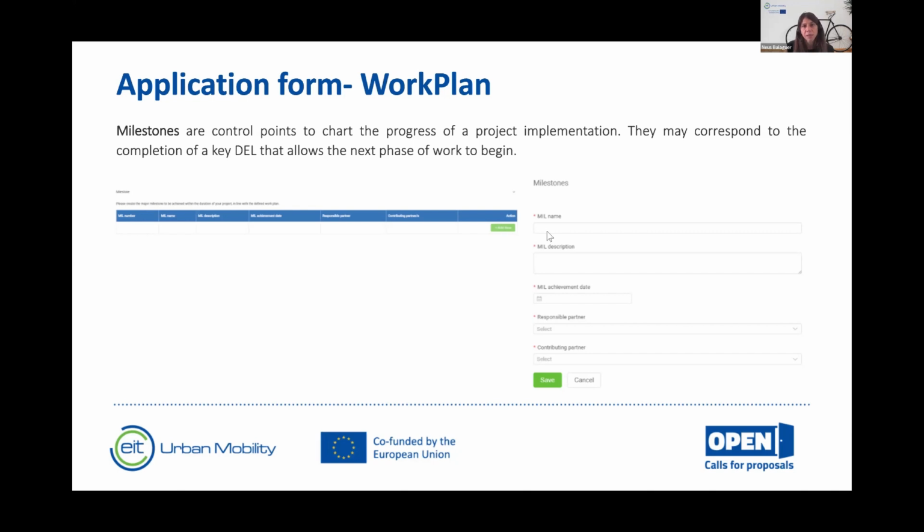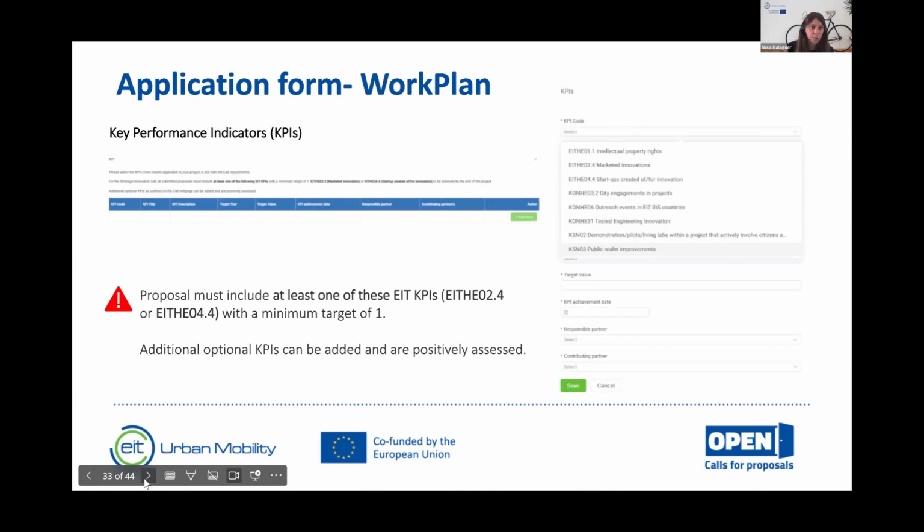The application asks you for the name, the description, the date that we are going to achieve these milestones, the partner responsible, and the others that are contributing. And as usual, you click add, and then save to record all the information.